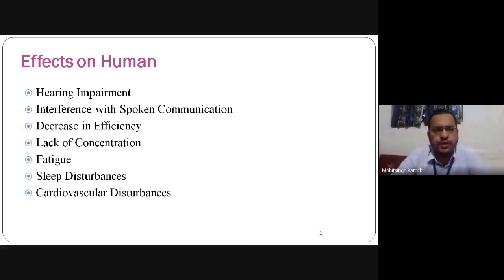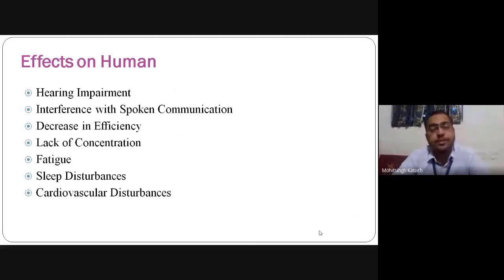After going through this list, you can clearly see how noise pollution is affecting human beings in various forms. We can lose our hearing capacity. We are unable to concentrate, and because of that, our efficiency in work is decreasing. Lots of people are having sleeping disturbances.